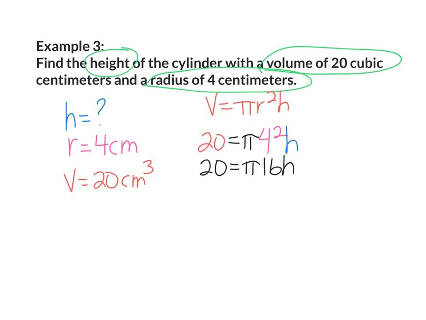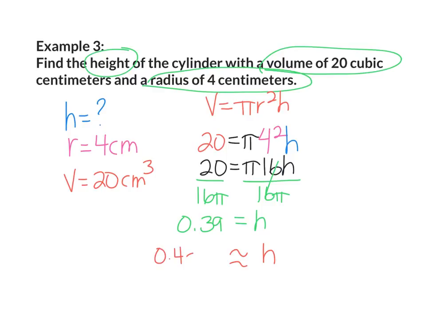So now I need to isolate h. So I'm going to divide both sides by 16 pi. This will cancel out. I'm going to bring down h. 20 divided by 16 pi will give me 0.39. So that means that h is approximately 0.4 centimeters.